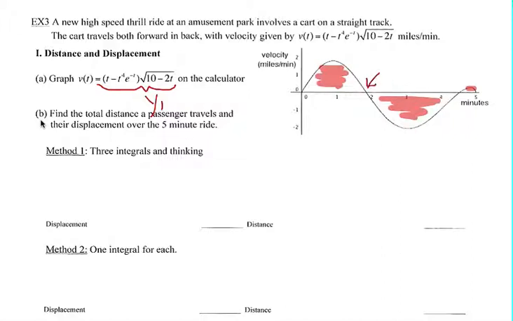Right? So we've got minutes on our x-axis, we've got velocity on our y-axis, and the question is, when is the velocity equal to 0?